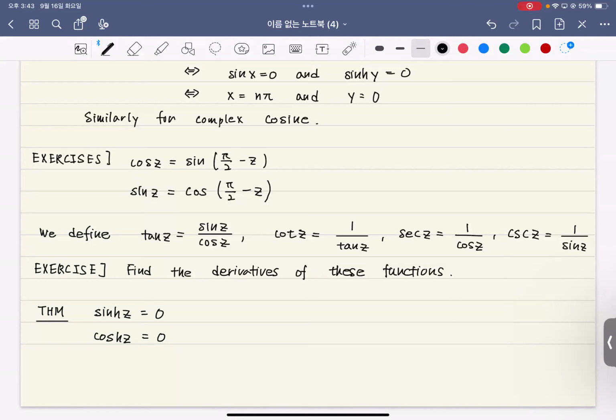What about the complex hyperbolic function? The answer is this.